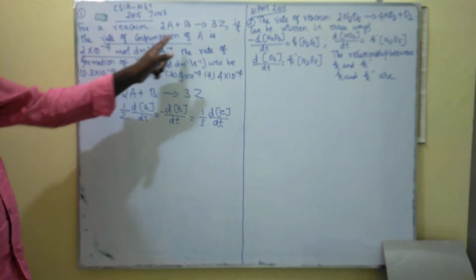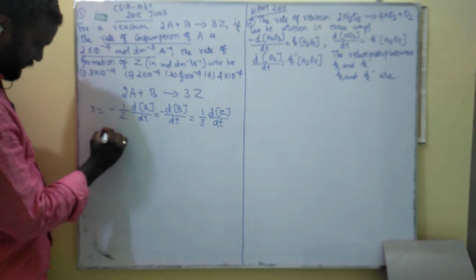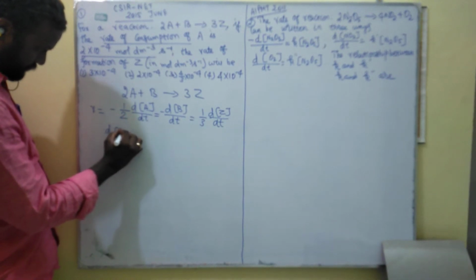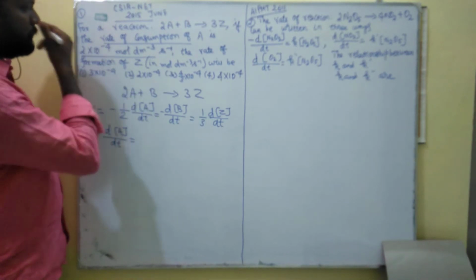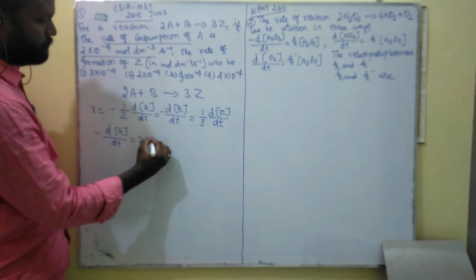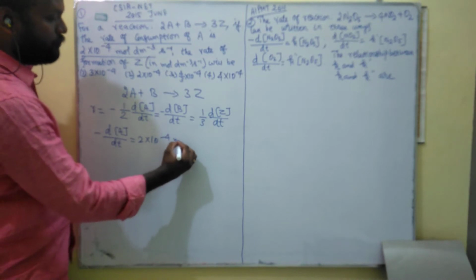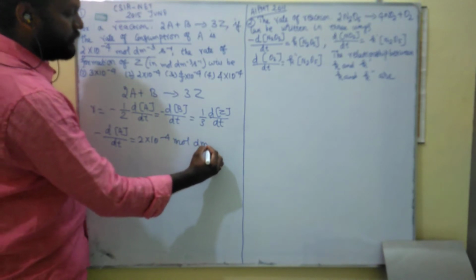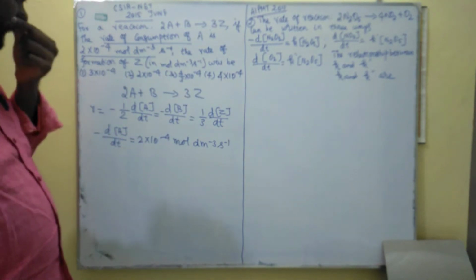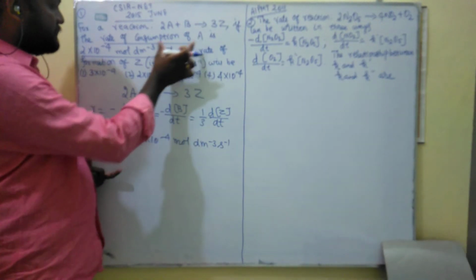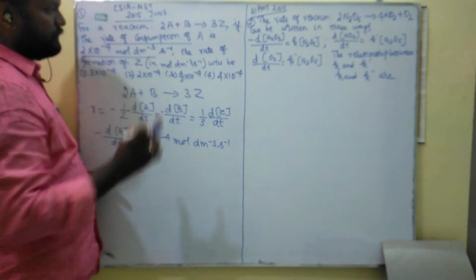The rate of consumption of A is given, that is dA by dt is equal to 2 into 10 power minus 4 mole per decimeter cube per second. So the rate of consumption of A is given.